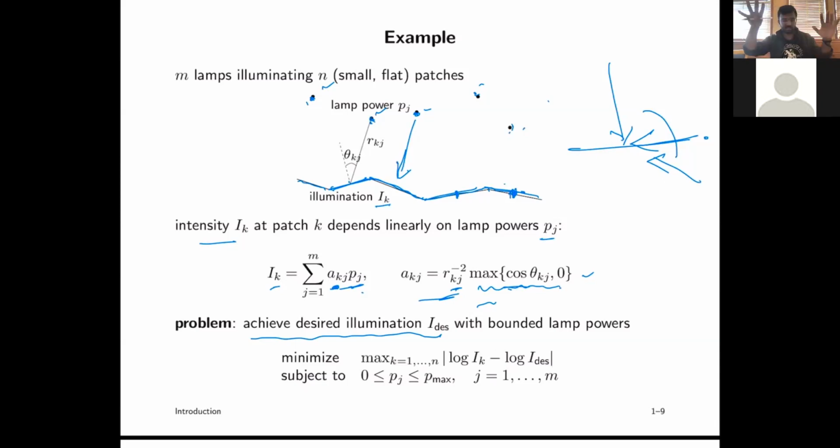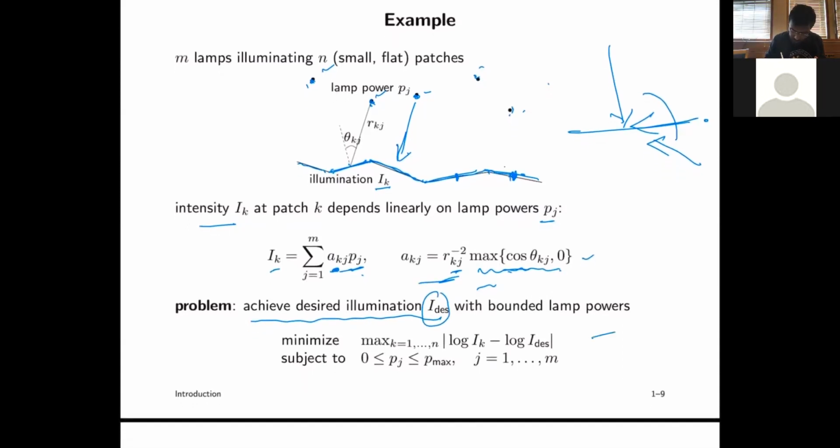Different angle, different distance, and so different illumination contribution from different lamps. But what I'm saying is, I am allowed to vary the power, but I should have a minimum illumination of I desired at each patch. So here is the problem.